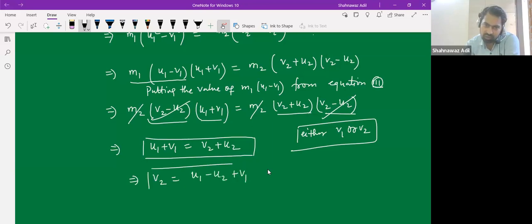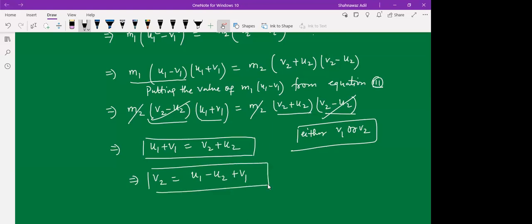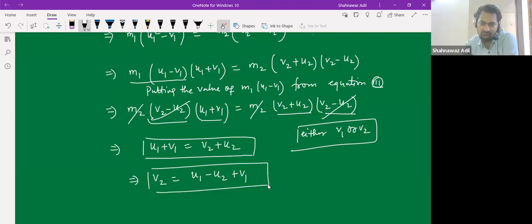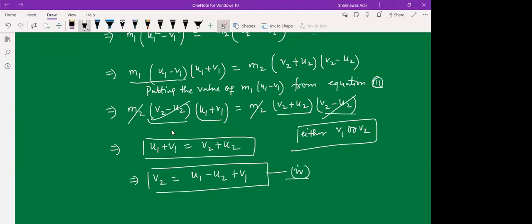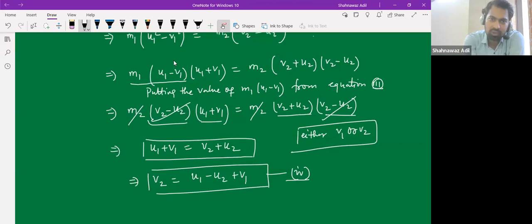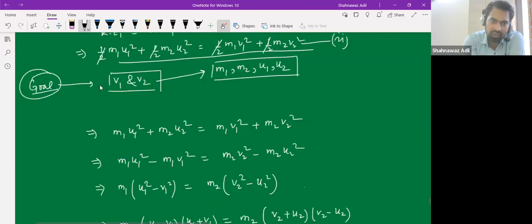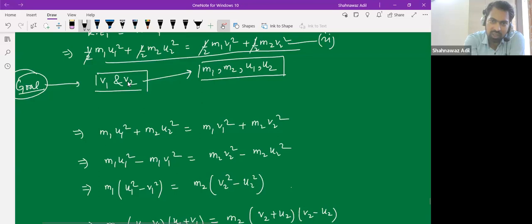So this we know. Let's say that this is equation 4. Now we can put the value of v2, because the goal is to find v1 and v2 as functions of m1, m2, u1, u2 only.